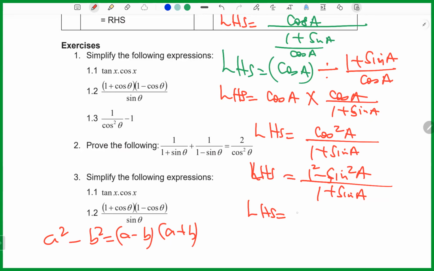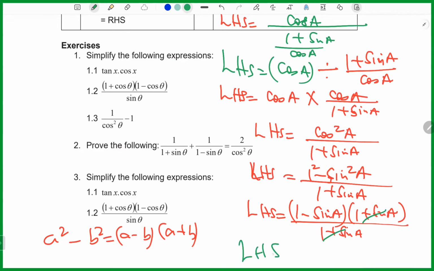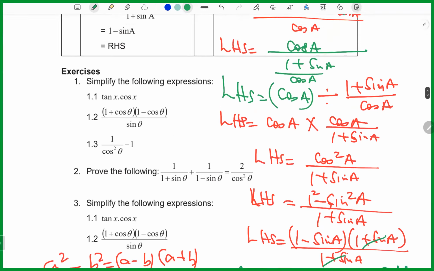So this one is 1 minus sine A into 1 plus sine A divided by 1 plus sine A. So as a consequence, these 2 things cancel out. And we have the left-hand side, which is 1 minus the sine of A, which is the right-hand side.